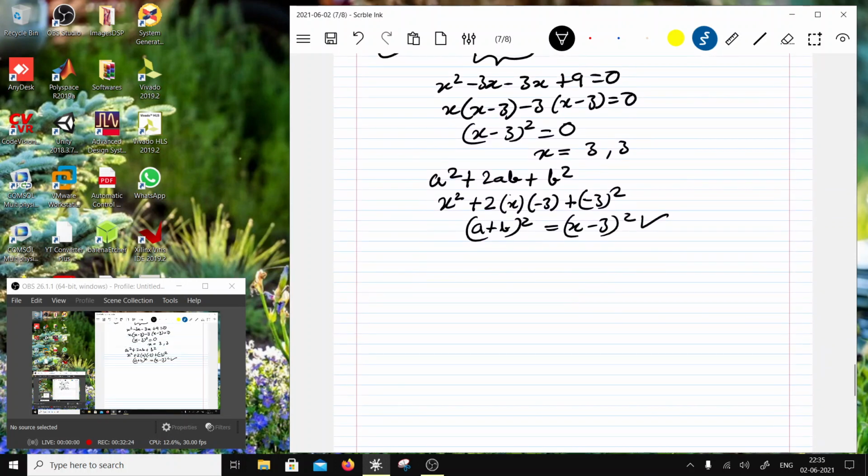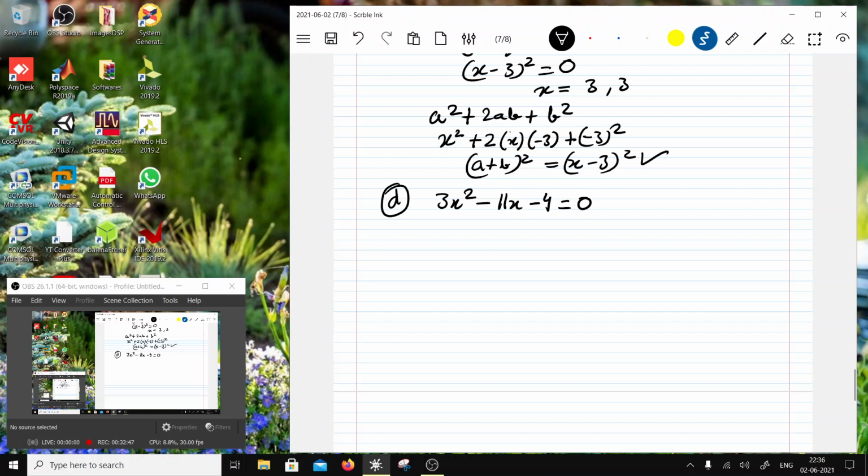Okay, so now let's look at another example. This will keep becoming difficult, right? So let's say I have got 3x square minus 11x minus 4 equal to 0. Now you don't know how to handle the relationship between three numbers, 3, minus 11 and minus 4. You can still do it.